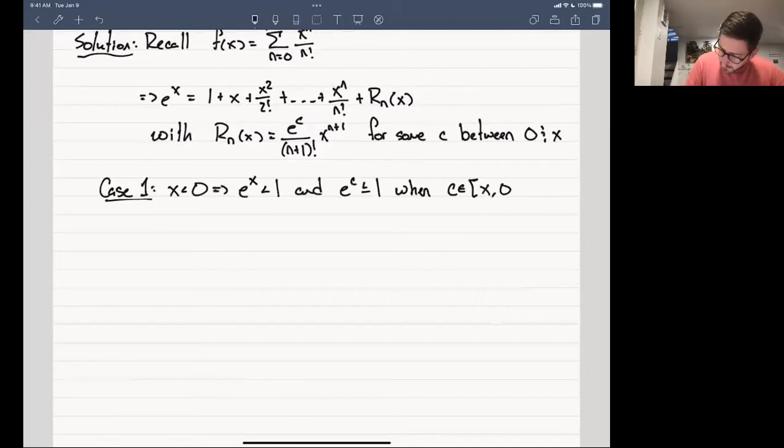And that just comes from the fact that e is an increasing function, right? So if c is between x and 0 when x is less than or equal to 0, then of course e to the c is less than or equal to 1.